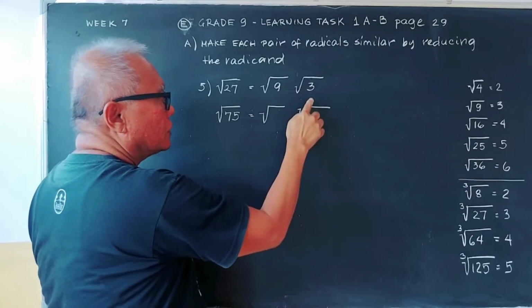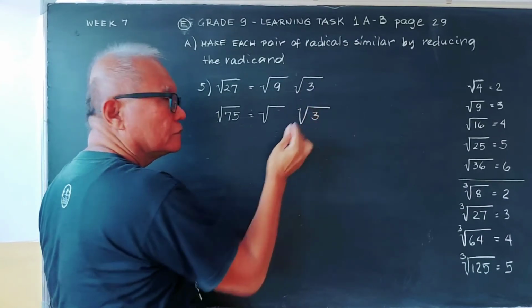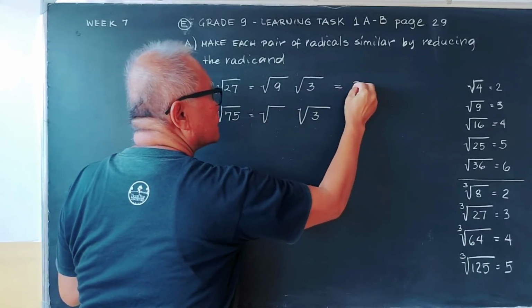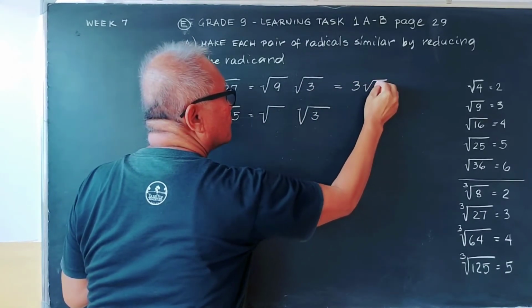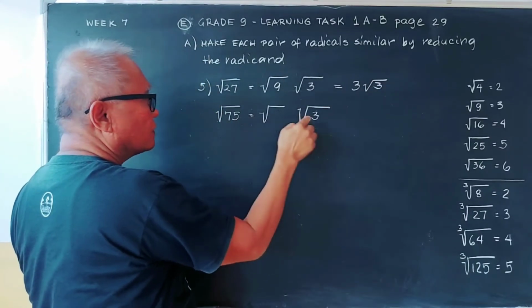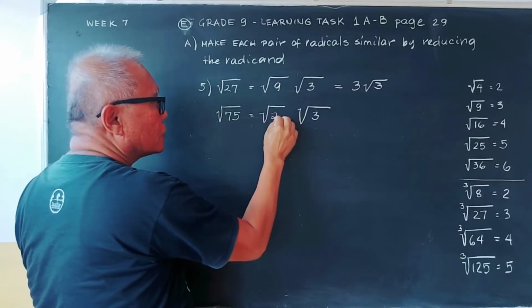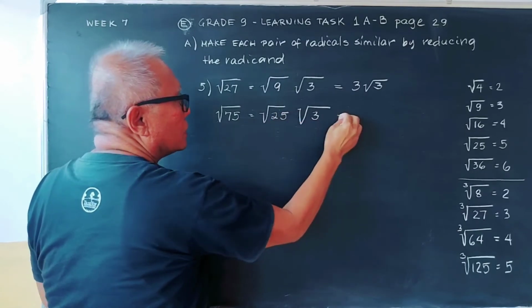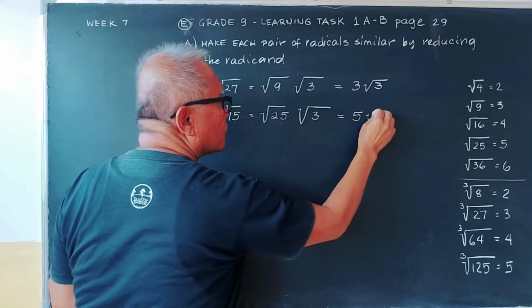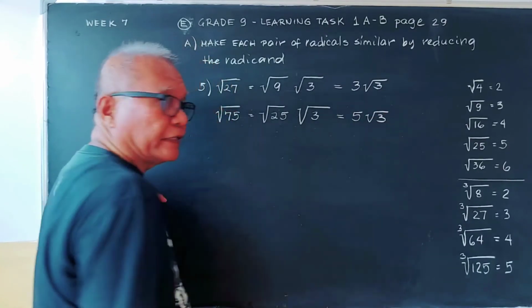Ito hindi pwede. Tsak, ito ganun din. Ito is 3. Square root of 3. Ito, 75 divided by 3 is 25. Square root of 25 is 5 square root of 3.